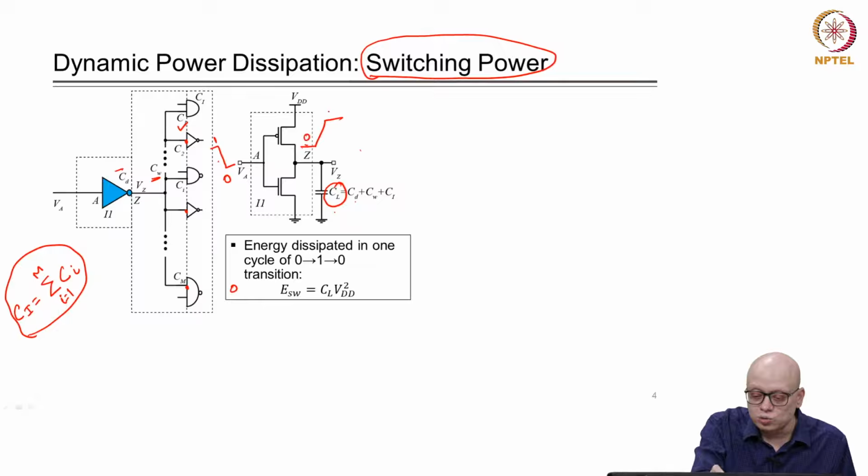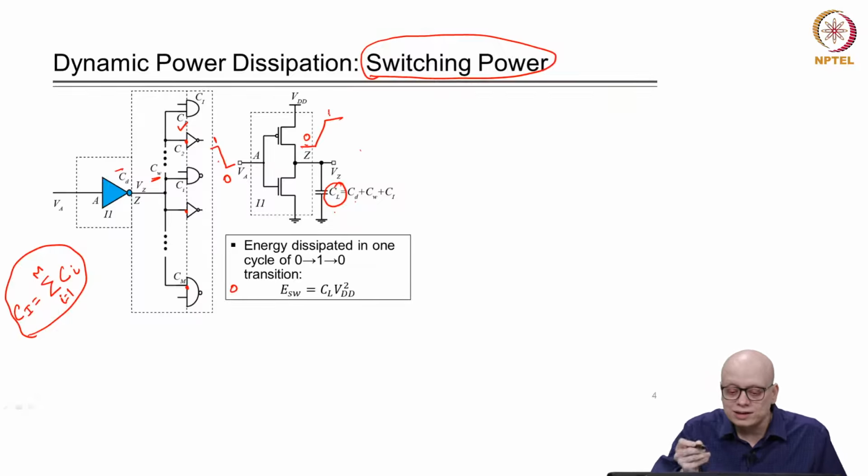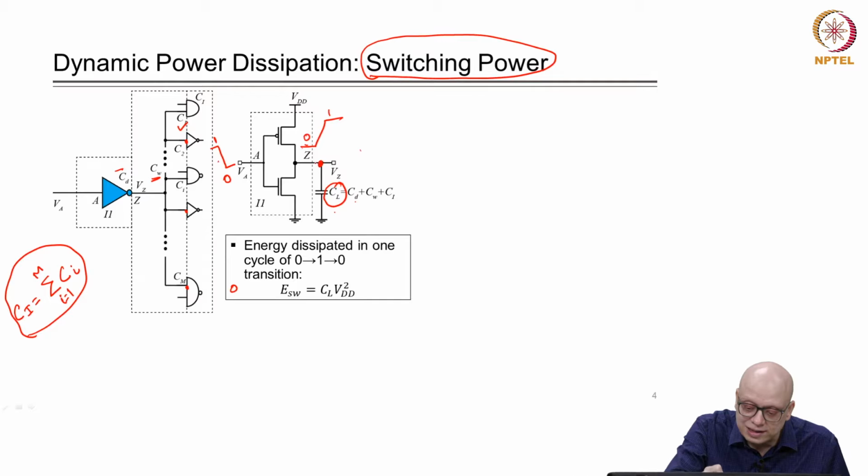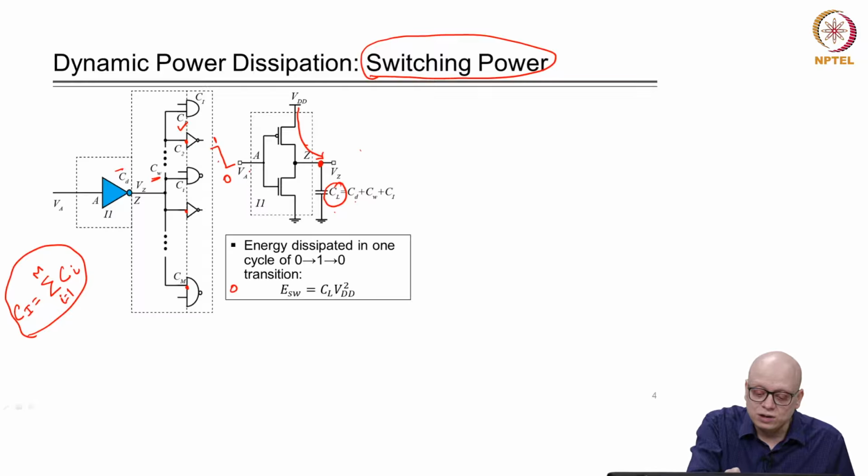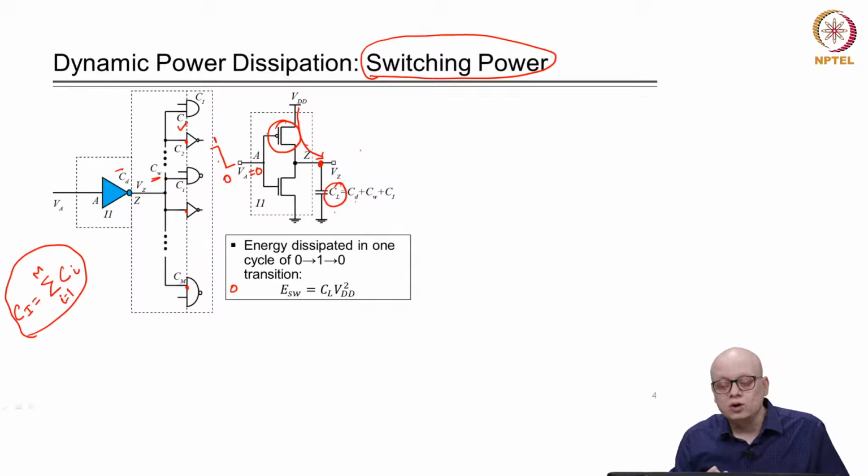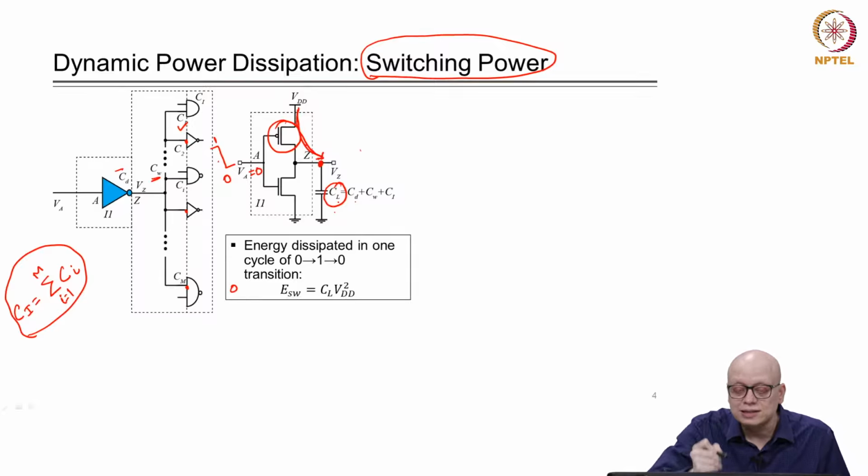Whenever a 0 to 1 transition happens, this node Vz will be charging to VDD through this path. Whenever the input VA is equal to 0, this PMOS will be turned on, and that will charge the CL to VDD, right.